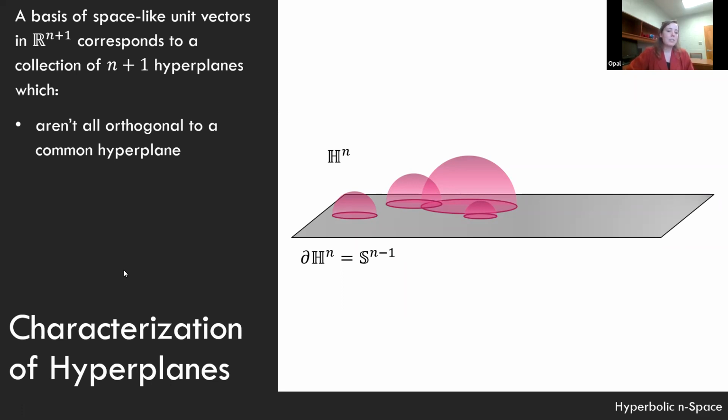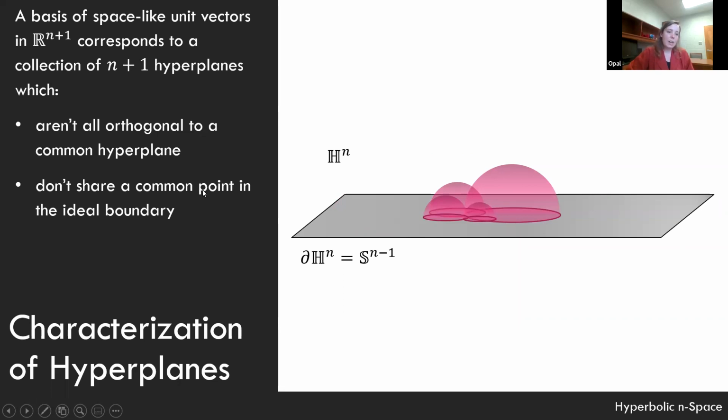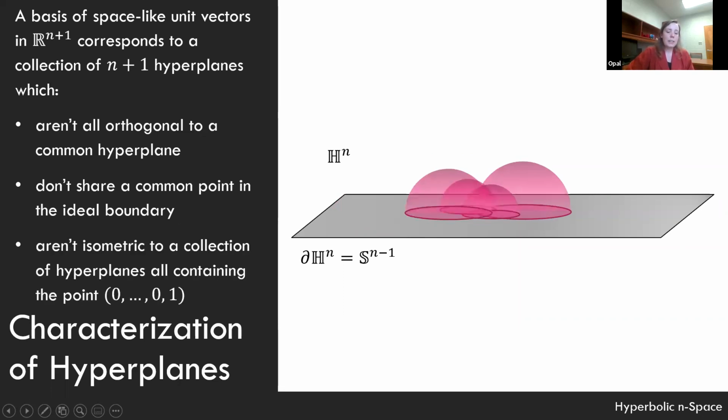First of all, they aren't all orthogonal to a common hyperplane. So we can't have that each of these hyperplanes, if we look at the ideal boundary circles, are orthogonal there. We can't have that they share a common point in the ideal boundary. And we can't have that they're isometric to a collection of hyperplanes containing this point here.